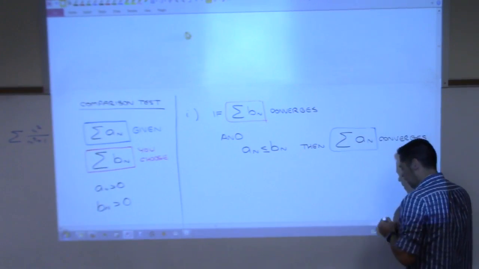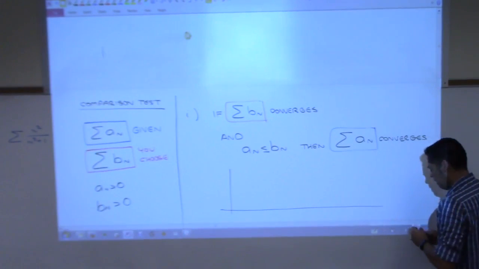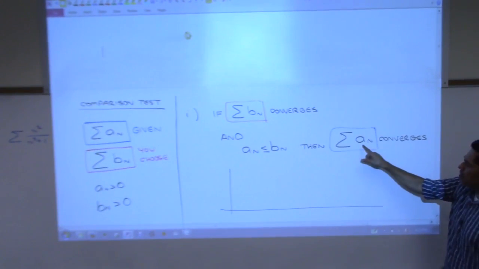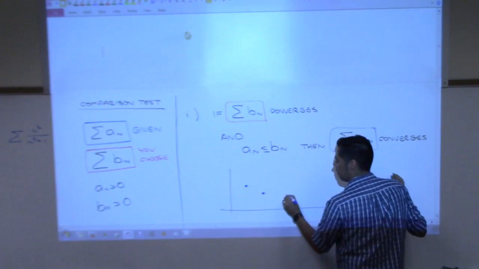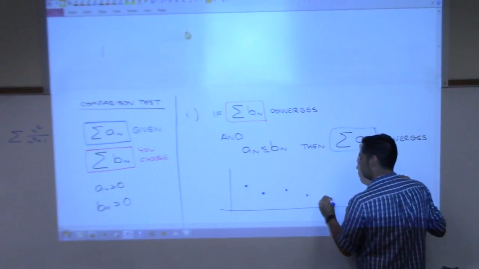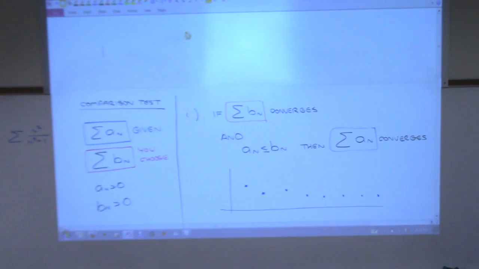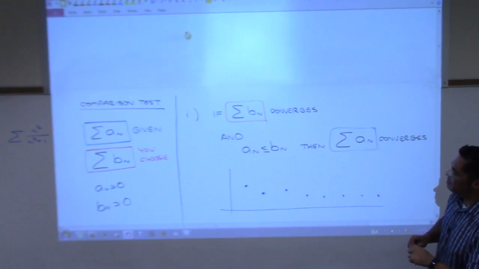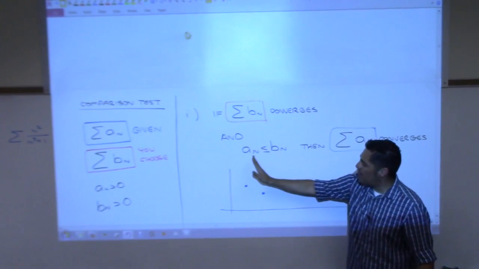Now I'll show you in a picture, an illustration of why this is true. All right. Let's say that you've got your blue series here. Sequence of numbers, right? Here they are. They're always positive. All right, there it is. That's your blue one. That's given to you. You come in here and you compare it to this other series, this one, and notice that what we're saying has to be true.